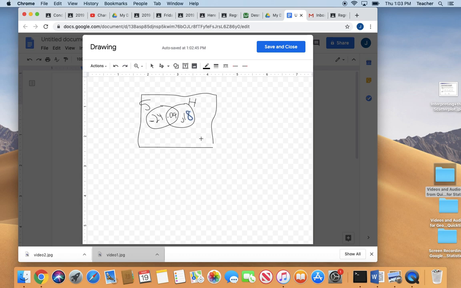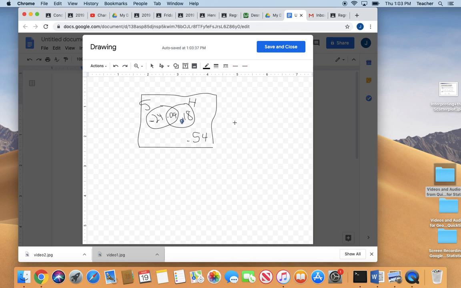And then if you take 1 minus 0.46, out here you would have 0.54, because all of these probabilities inside here need to add to 1.